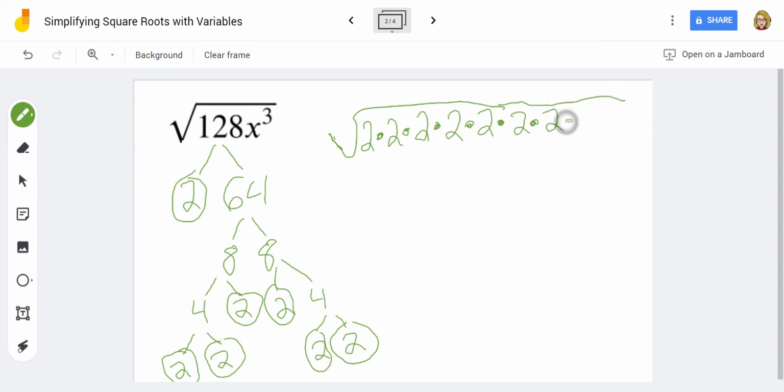And then I'm going to expand the x's. I had x to the third, so I wrote out 3 x's. So from here, I am going to circle my pairs.